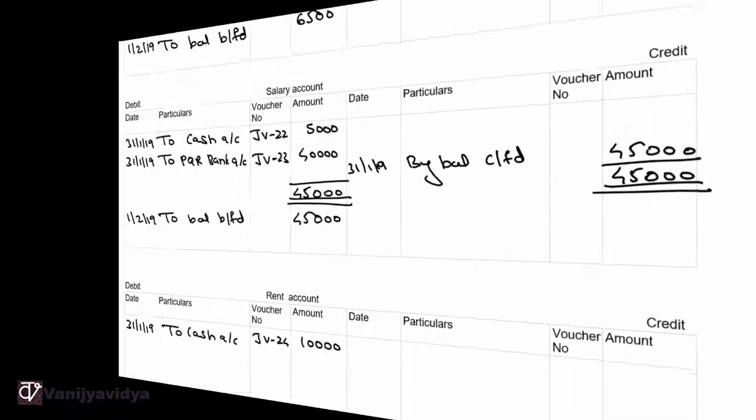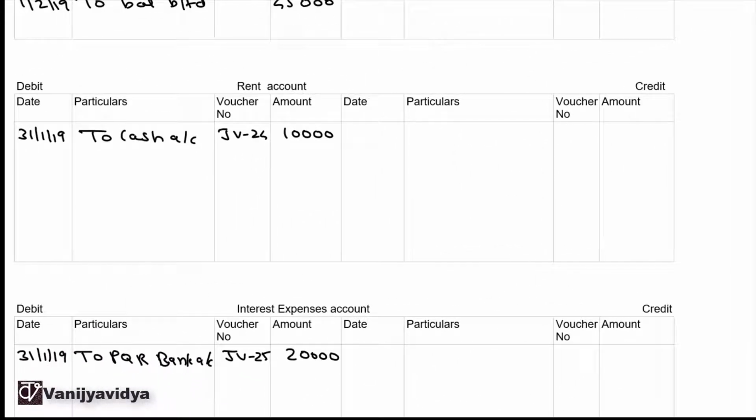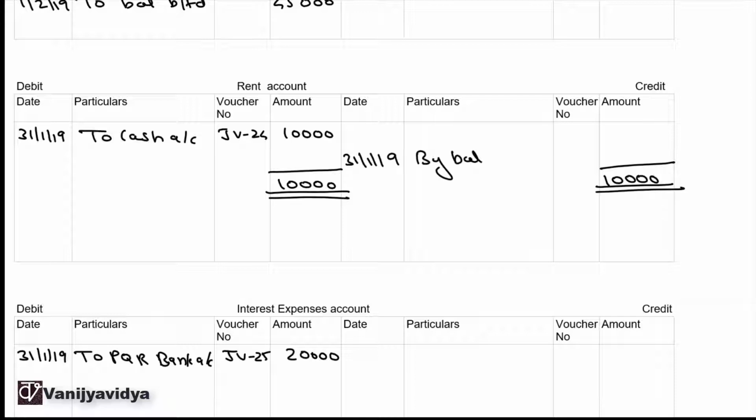Now the next ledger account. Rent account. Total of debit side is 10,000, credit side is 0. So we take 10,000 on both the sides. On 31st Jan 2019, on the credit side, by balance carry forward 10,000. On 1st Feb 2019, on the debit side, to balance brought forward 10,000.